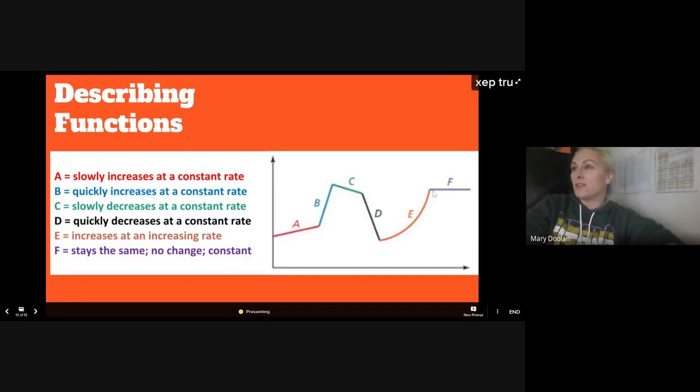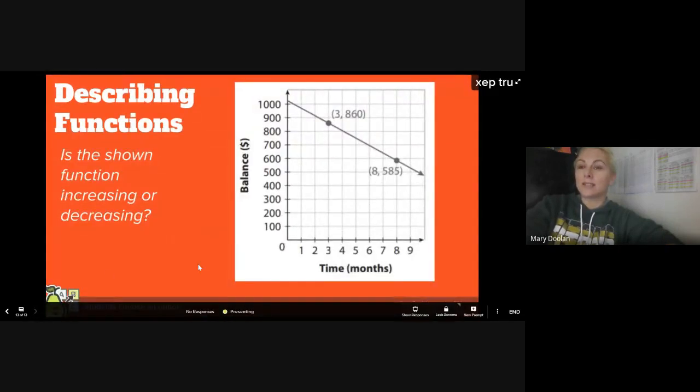So maybe you're in a vehicle and you're at a stop sign. Time keeps moving. Your speed isn't changing. You're just sitting there. Nothing's happening. Okay, and then this last slide here is the shown function in the picture, in the graph. Is it increasing or decreasing? That's a simple multiple choice.